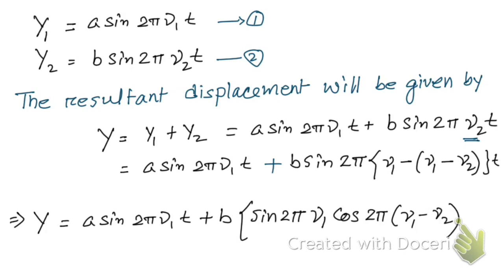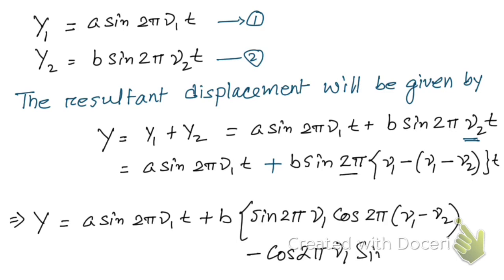Okay, we are applying the sine a minus b formula: sine a cos b, then minus cos a sine b. Here again cos a is cos 2 pi nu 1. So we're going to take 2 pi nu 1 as a and 2 pi nu 1 minus nu 2 as b.